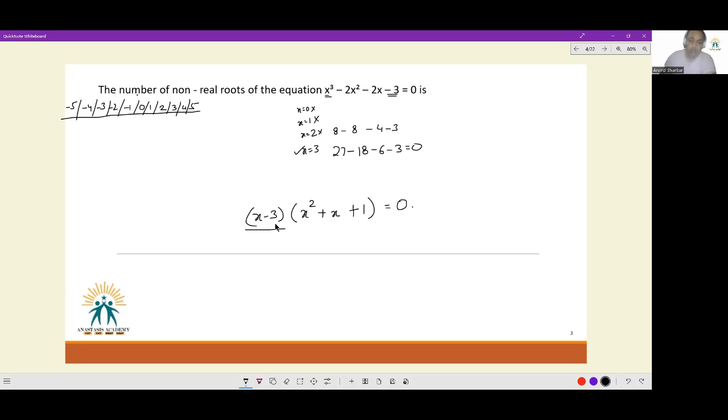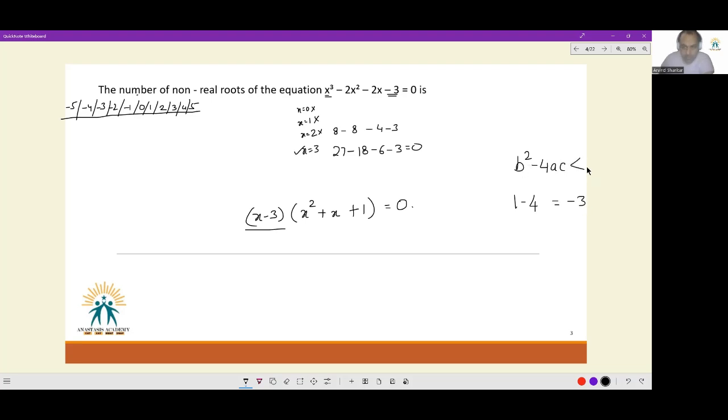Now, for this portion, this is a quadratic now. For quadratic, to check whether there are real roots or unreal roots, we have to look at the discriminant, or b square minus 4ac. B square here is 1. 4 times ac is also 1. So 1 minus 4 is equal to minus 3.